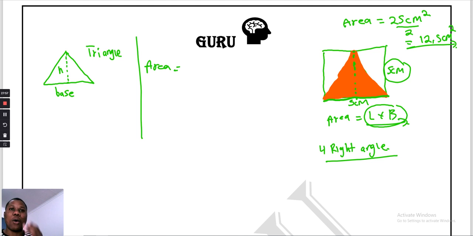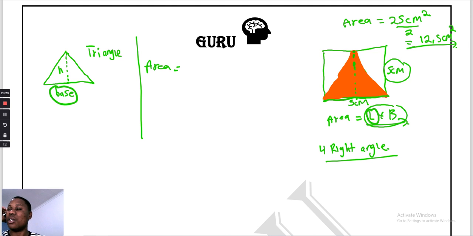Okay, so I'm saying the square is made of 4 right angle triangles, and then what do we need here? We need the area of a right angle triangle. So now, instead of taking this length the way it is, when we go to the triangle, we no longer call this a length, we call it what? A base.